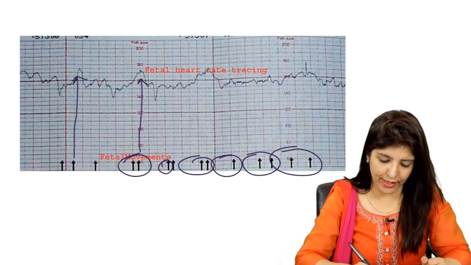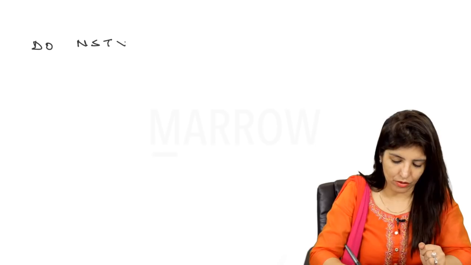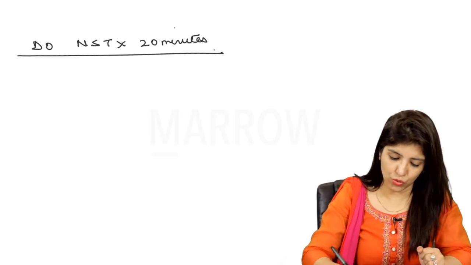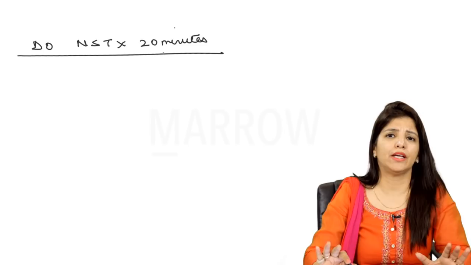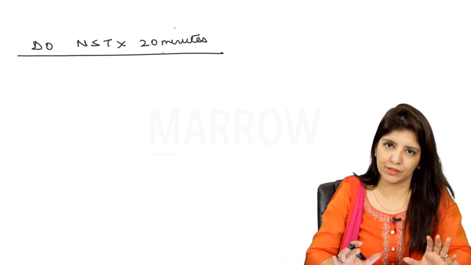So when you are doing an NST, you are going to do it for 20 minutes. For those 20 minutes, you are going to tell the patient to lie calmly and to press the button whenever she feels fetal movements, right?